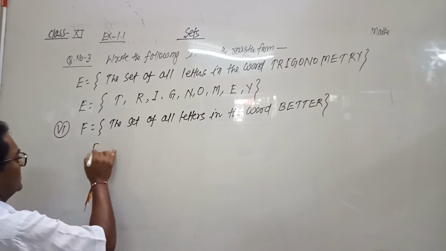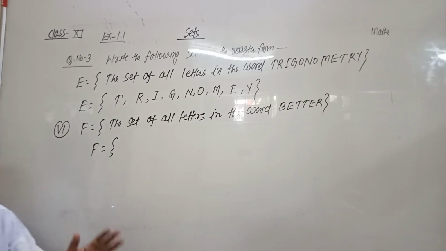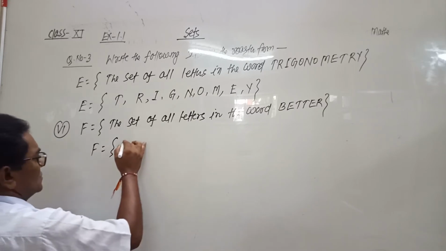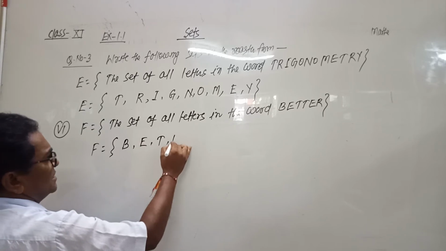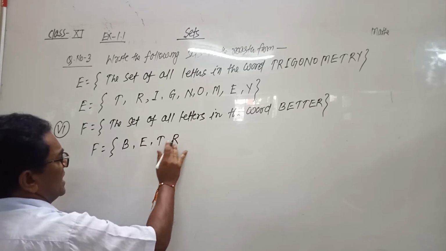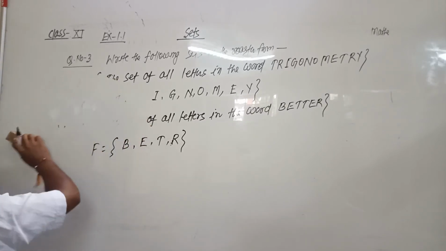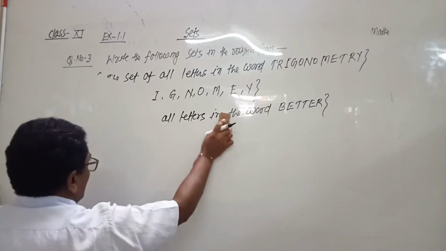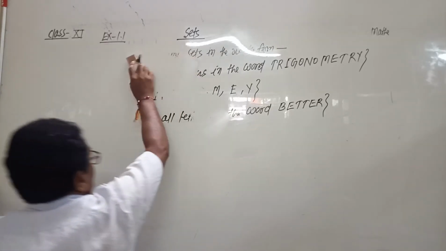So we will write all the letters separately by putting the commas. So B, E, T and A. We are not to repeat the letter. So this is in roster form, and the question was given in set builder form.